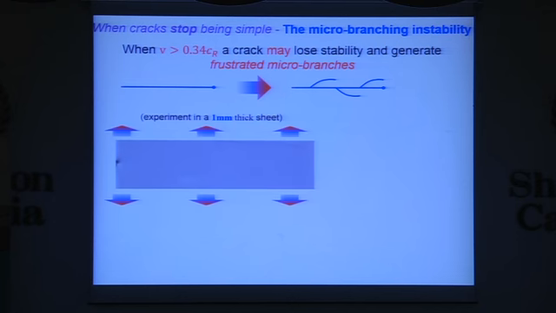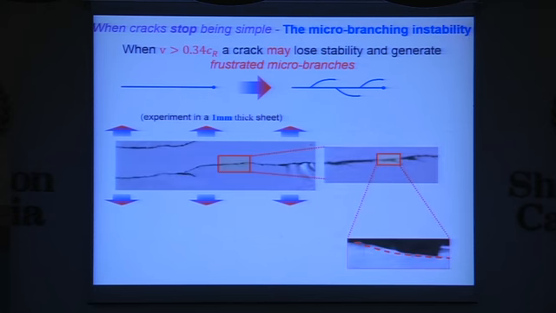And here's a movie of what that looks like in jello. Okay, so as you can see, this crack is anything but simple. So here it's slowed down by about 1,000 times or something like that, but still, we saw a crack moving through gels at around 0.5, 0.6 of the Rayleigh wave speed.